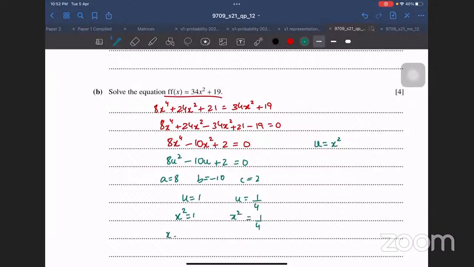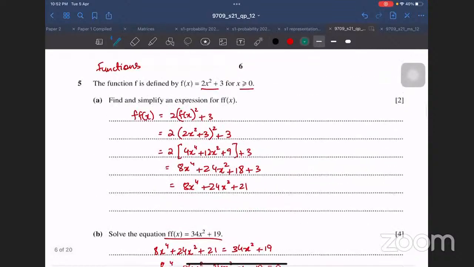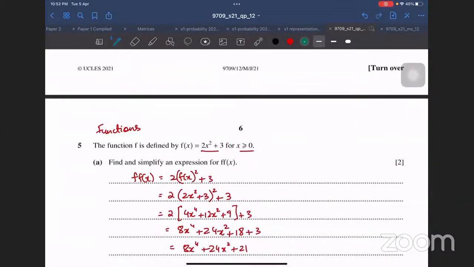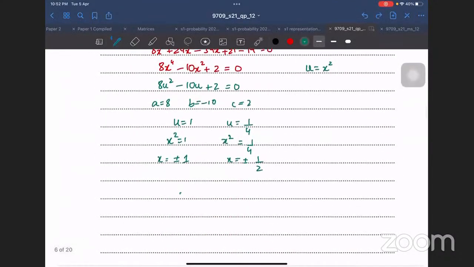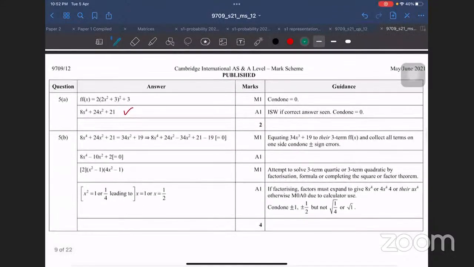So x की क्या value हो जाएगी, +-1 और +-half. अब क्योंकि क्वेश्चन ने कहा था कि x जो है वो ग्रेटर देन और इक्वल्स टू 0 होना चाहिए, तो हम फाइनल आंसर्स क्या दे देंगे, 1 and half दे देंगे. Okay.